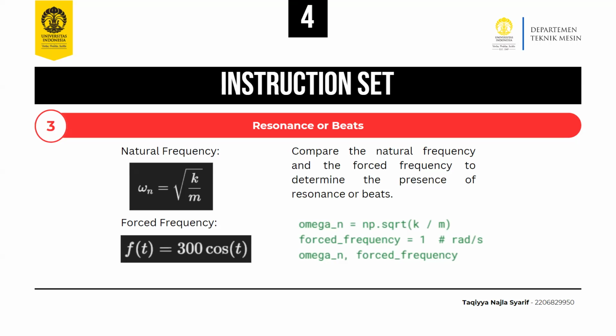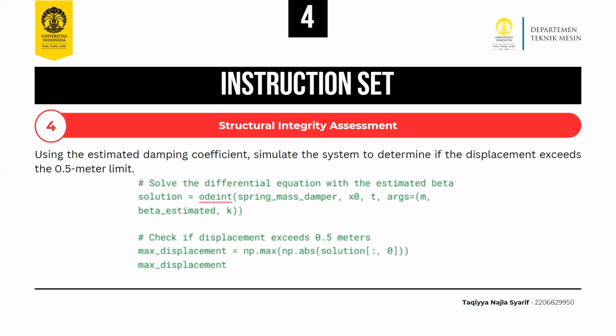Compare the natural frequency and the force frequency to determine the presence of resonance or beats. We can compare it with Python. And then step 4 is structural integrity assessment. Discuss the comparison and, using the estimated damping coefficient, simulate this system to determine if the displacement exceeds the 0.5 meter limit. We can use Python too.